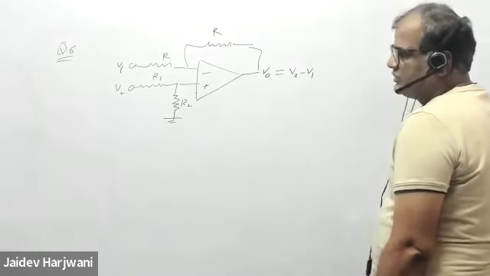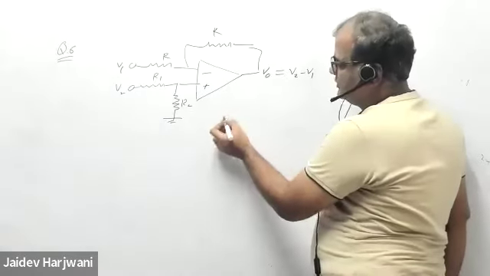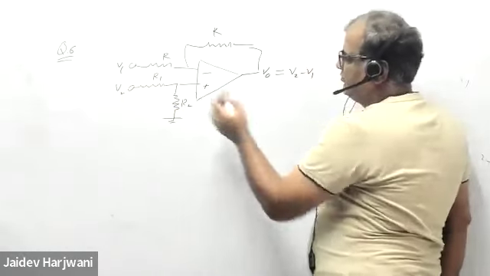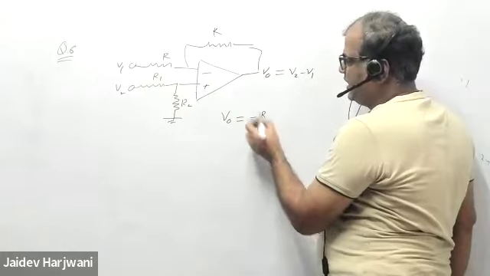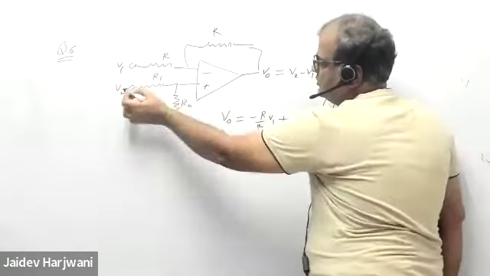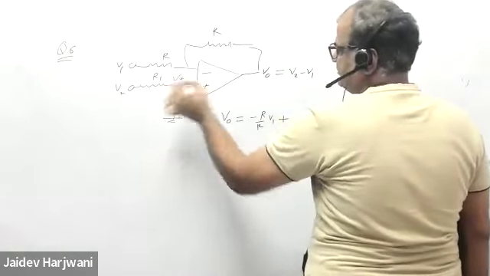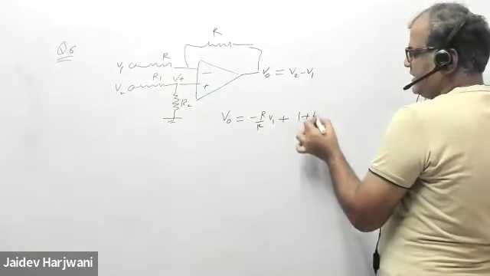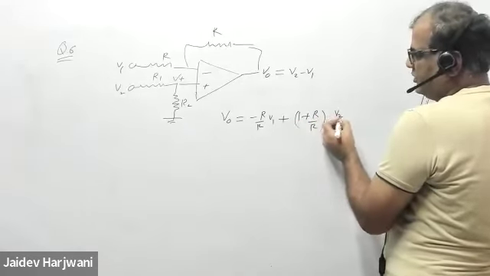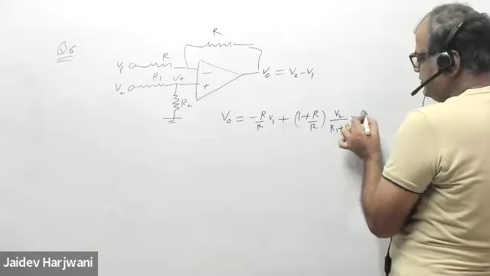So either you can apply the superposition principle. If I write V naught by superposition, I'll make this one 0. So my voltage will be minus RF upon R into V1. Plus, if I make this 0, then the output here is V plus, so 1 plus RF upon R times V plus, and V plus is V2 upon R1 plus R2 into R2.